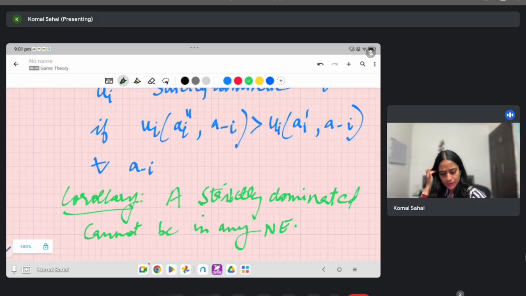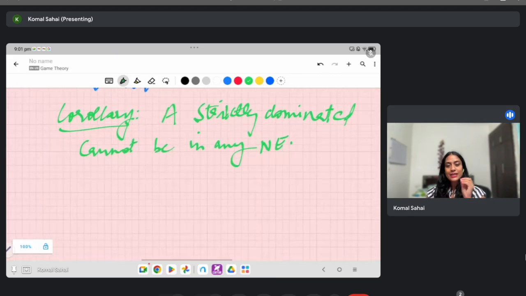ठीक है, और ये लॉजिकल है, राइट. अगर कोई Nash equilibrium है, उसमें किसी भी प्लेयर के लिए एक ऐसा एक्शन नहीं हो सकता है which is strictly dominated by any other action, because that means that for every action of the other player there is an action that exists in player i's action set that will give a better payoff, right.